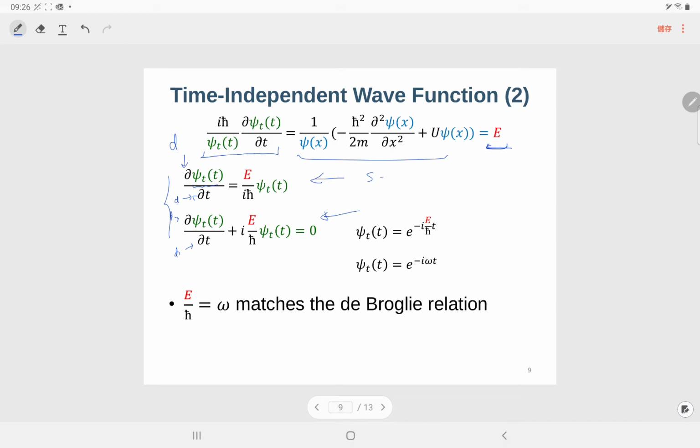We can make S equal to minus i E over h bar. Which means that phi t should be this one multiplied by t and then take the exponential function. And similar for this one, S is plus i E over h bar. That is that one.